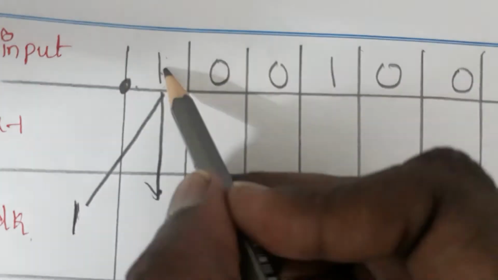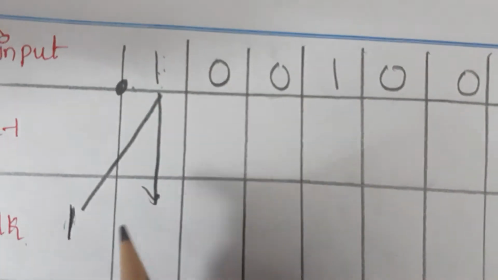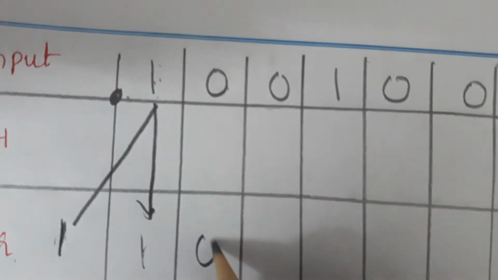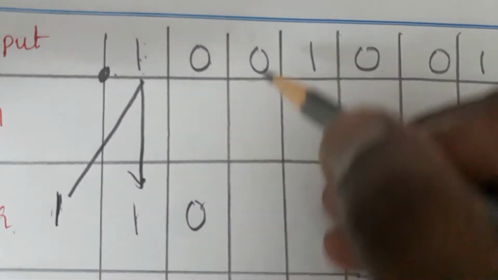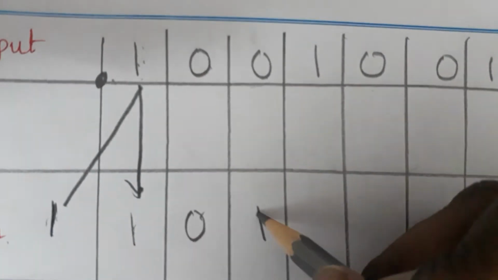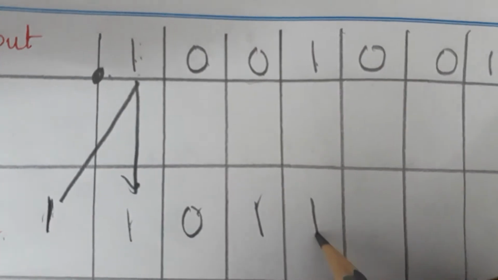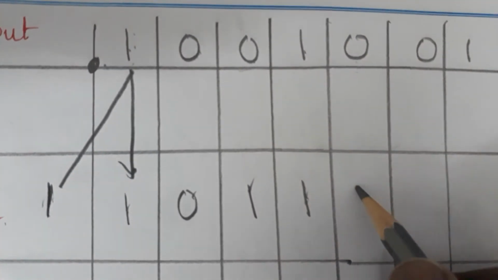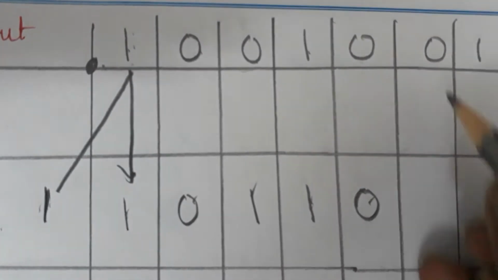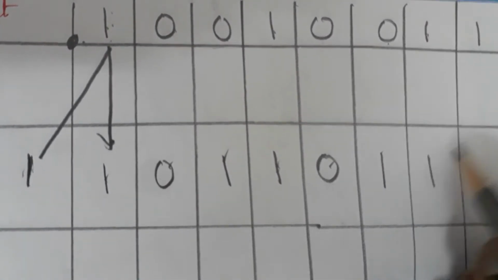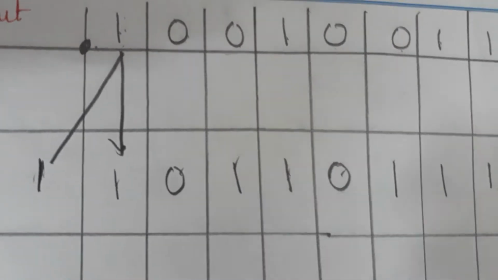So 1 1, they are the same, so output is 1. 1 0, they are different, output is 0. 0 0, they are the same, the output is 1. 1 1, same, the output is 1. 1 0, different, so output is 0. 0 0, again it is 1. Then 1 1, again it is 1. 1 1, again it is 1.